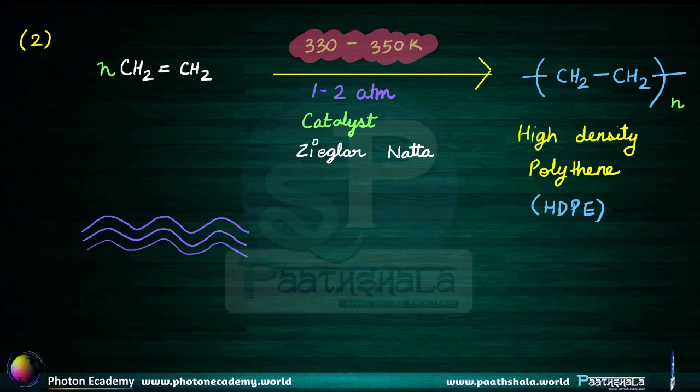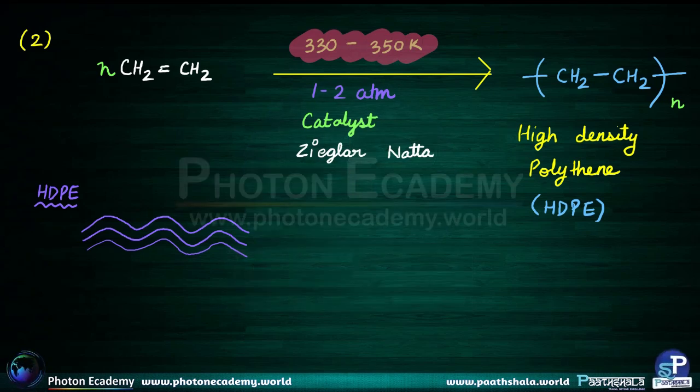So this is HDPE, high density polythene, and because of this compactness it is tough. A lot of examples which you can see of this HDPE are buckets.